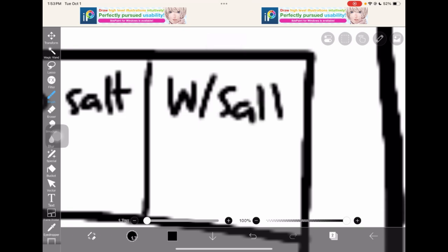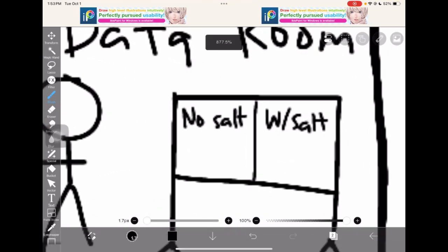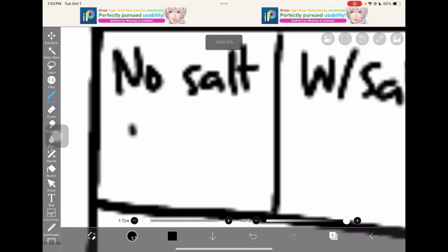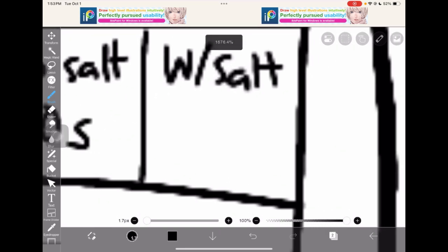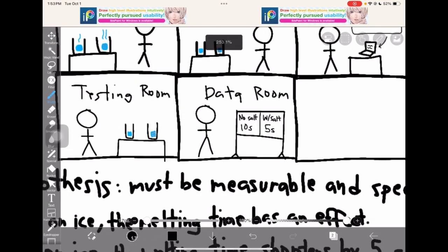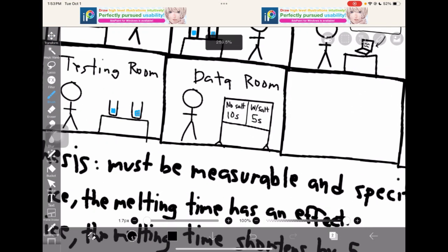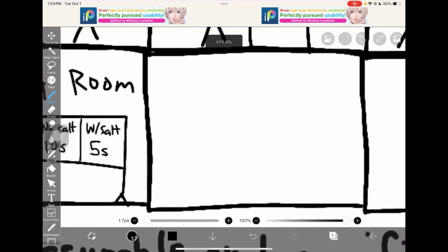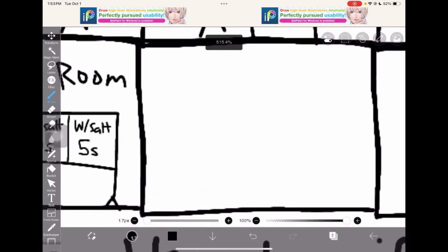So let's say, okay, so now you go back to your data room, and let's put 10 seconds, for example, and you say 5 seconds here for the melting time. And then this is where you also reject, oh, well, not yet, but you just gather data first. And then conclusion.